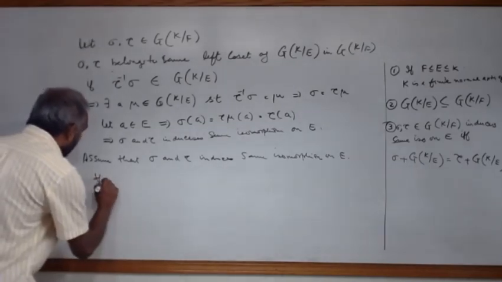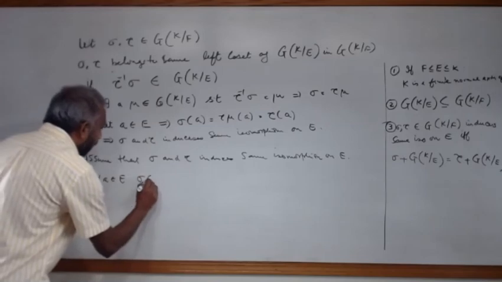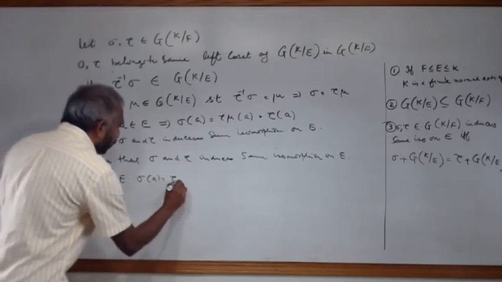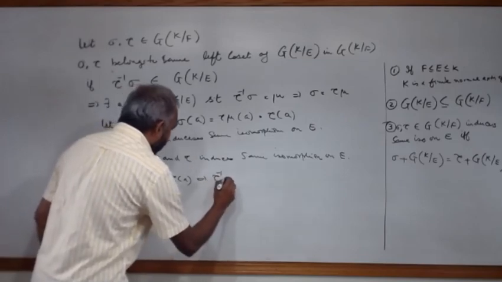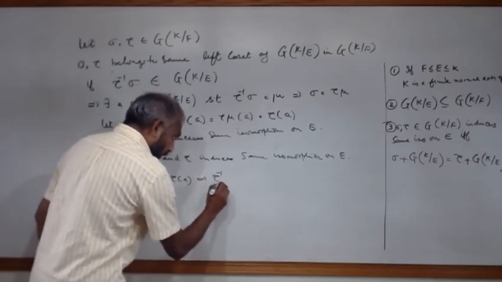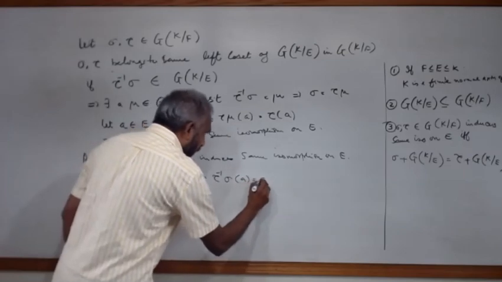For all a in E, sigma of a is equal to tau of a. And that implies sigma inverse tau inverse sigma of a is equal to a.